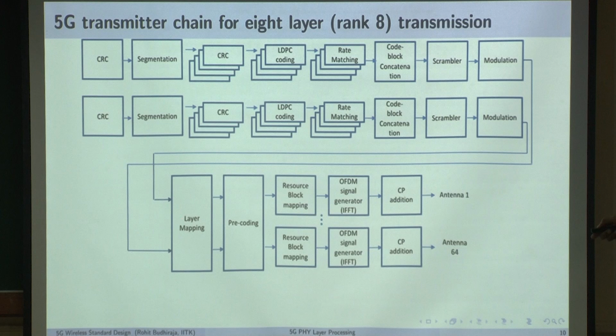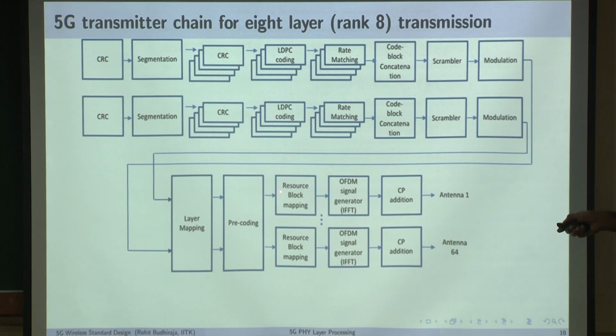Then what happens? Layer mapper. I taught you the layer mapper just now. What is the output here? 8 layers. Then what will be the size of the precoder? Because we are considering 64 antennas again. That system design doesn't change. So the size of the precoder in this case is 64 cross 8. Each RE now will contain 8 layers in parallel.